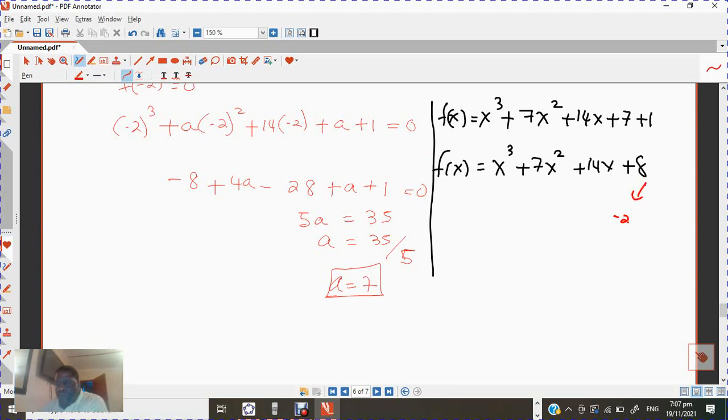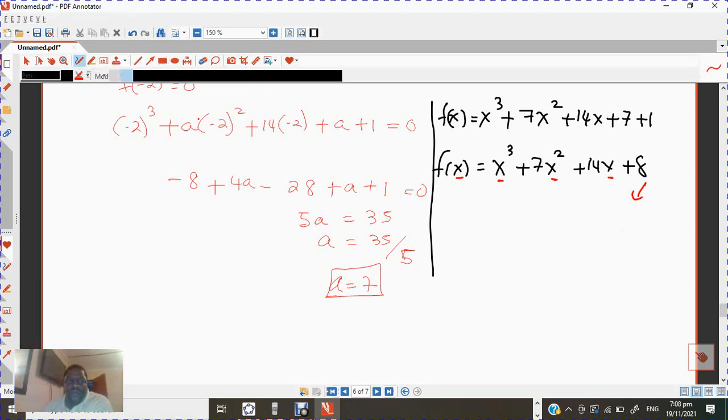Okay, so -2 is also going there. If I replace x with -2, the objective is for me to see if I can get 0. So you can start with +2, -2, then you can go to 4, all the factors of 8.